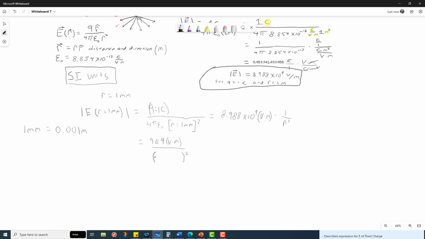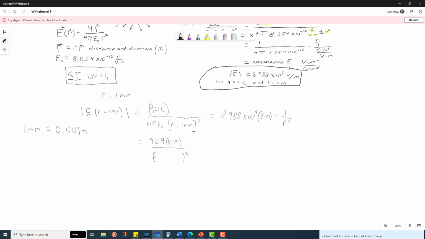I'm going to take my millimeters, and you can just use basic algebra to get it in the form of meters. So 1 millimeter is equal to that.